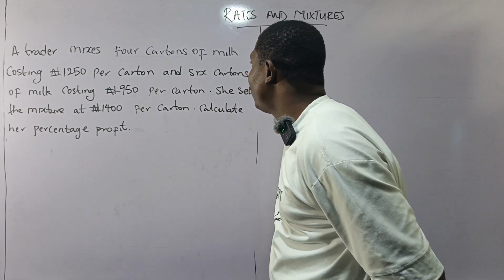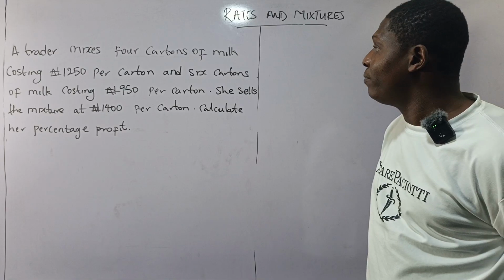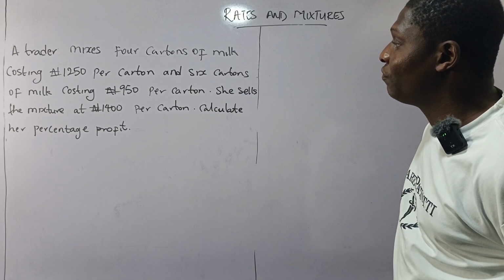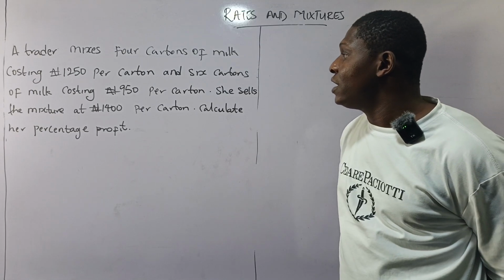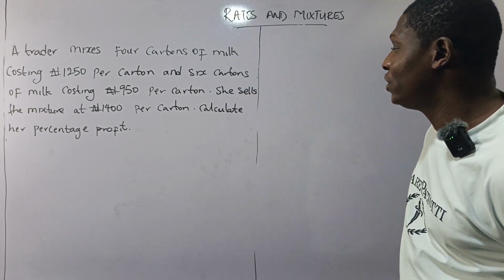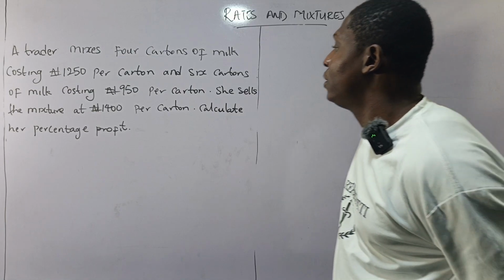A trader mixes 4 cartons of milk costing 1,250 naira per carton and 6 cartons of milk costing 950 naira per carton. She sells the mixture at 1,400 naira per carton. Calculate her percentage profit. So let's see.